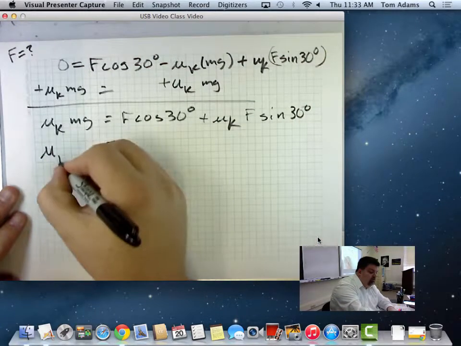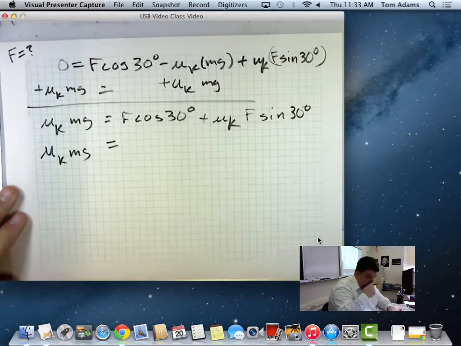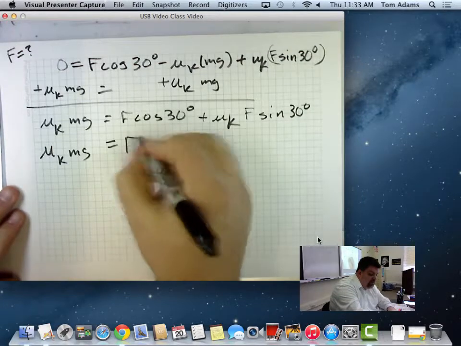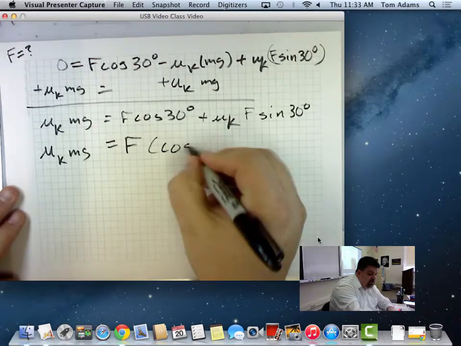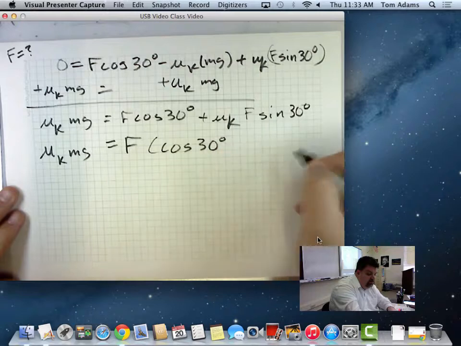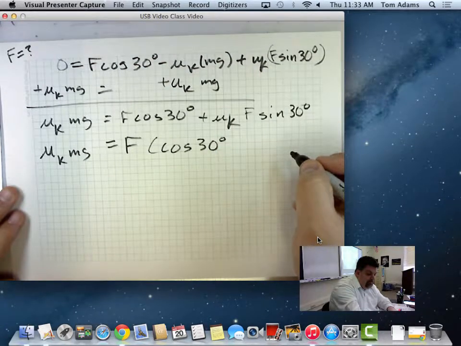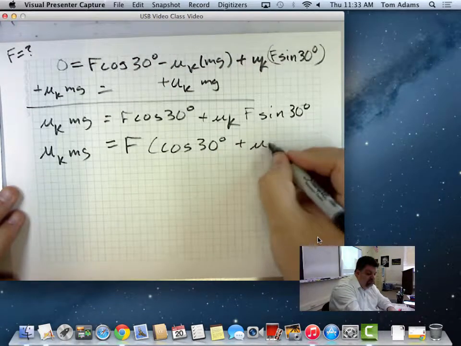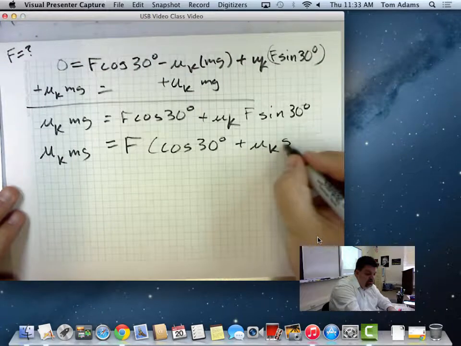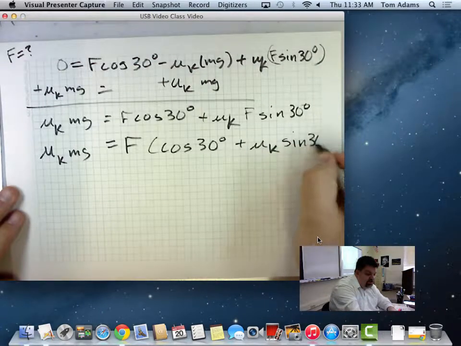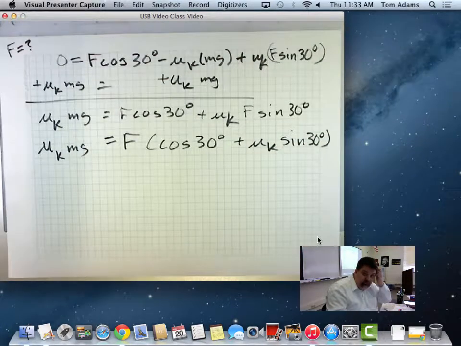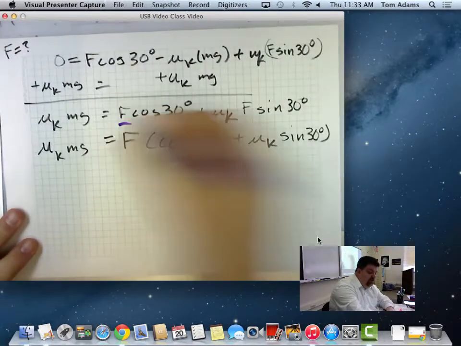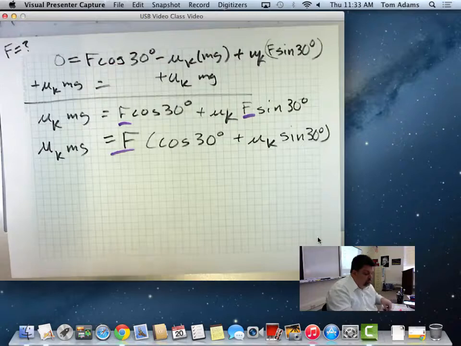Now what I want to do is factor out an F. So if I factor out an F, I get cosine of 30 plus mu k times sine of 30. Is that right? I had an F here and an F here if I factor it out.